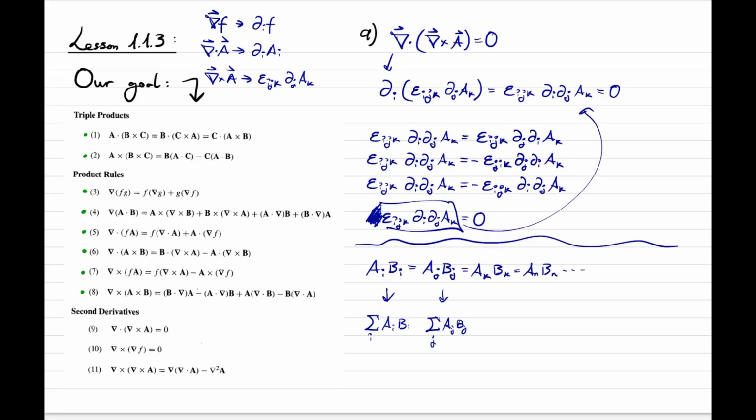and swapping indices. More formally, we'll see that if we have an antisymmetric tensor, for example Tij, and we contract it with a symmetric tensor, this is 0.